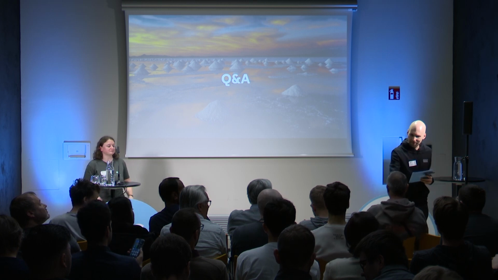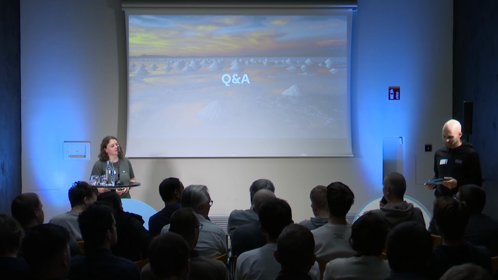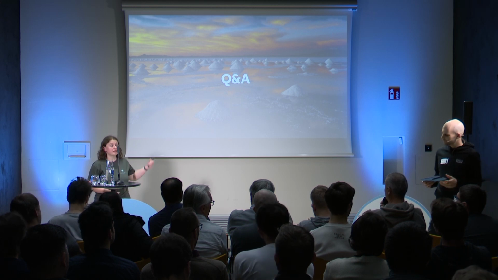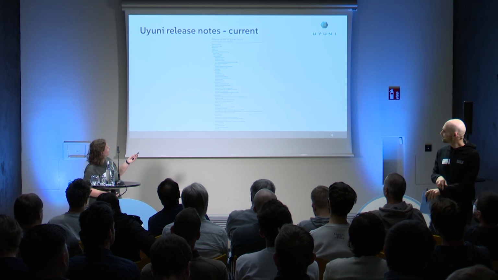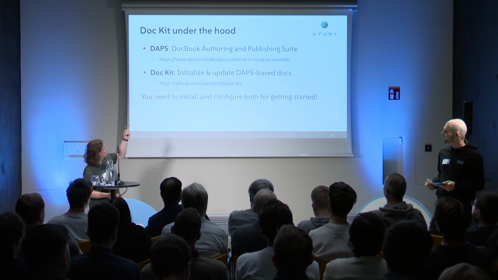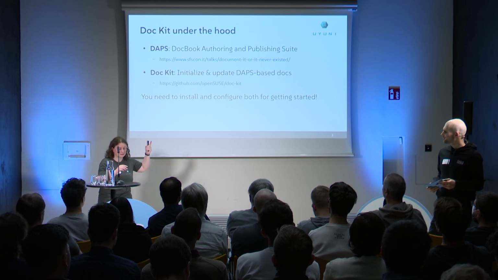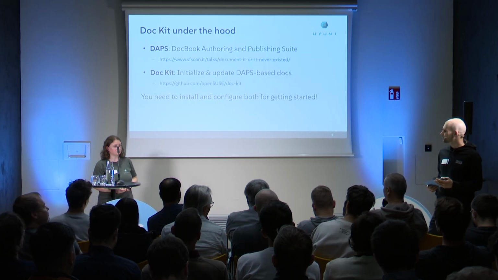Yeah, please. Is there any kind of repository of the default template files? Yeah, I didn't show you, but from the first link, there is all the documentation for DAPS. On the second one, there is the Dockit one, and of course there are all the templates. Everything is there. So you can use them as a guideline.